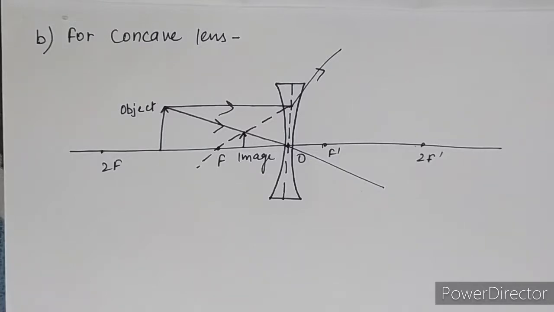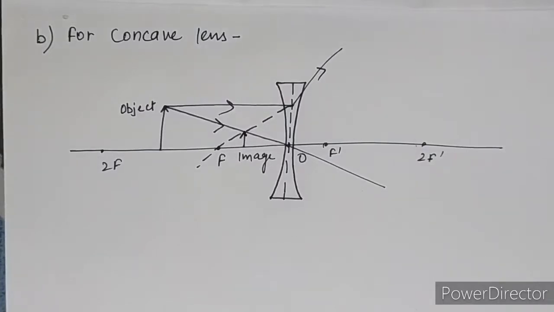First, when the light rays are parallel to the principal axis, then it will pass through the focal length, and if it is passing through the optical center, then it will move on the same path. The convex lens makes real and inverted images after refraction, and the concave lens, a divergent lens, makes virtual and erect images.